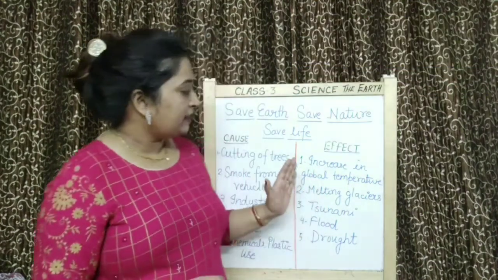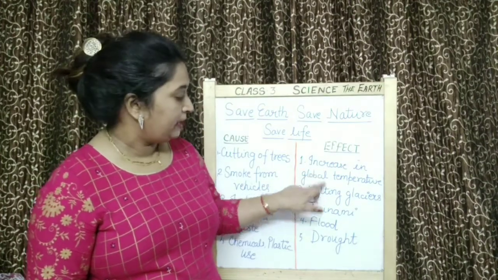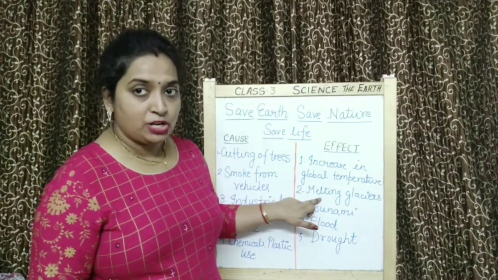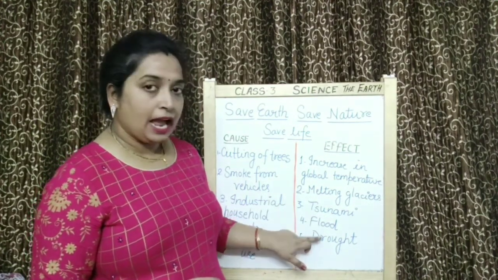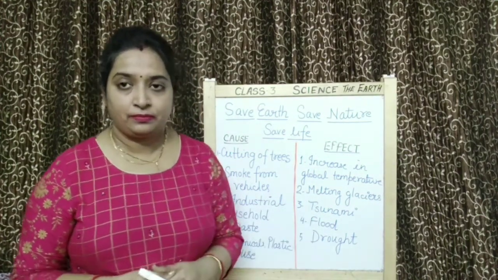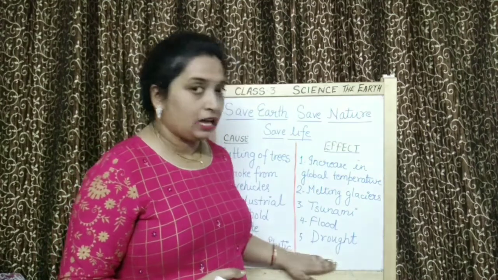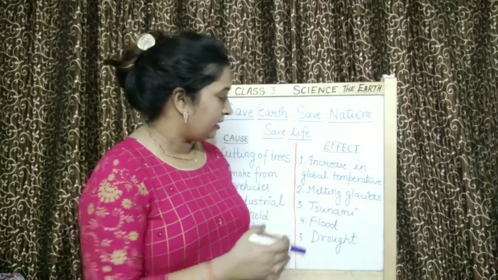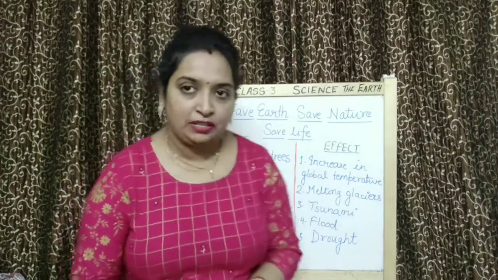So here you can see I have written the main effects: increase in global warming, then melting of glaciers, then tsunami, then flood and drought. So why are all these harmful things occurring? Harmful events are occurring because of human activities only.